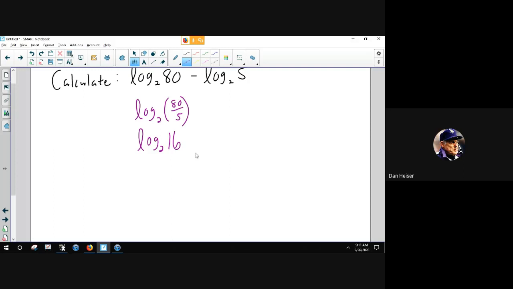Now remember what a log is. This whole quantity equals an exponent. 2 to an exponent is equal to 16.